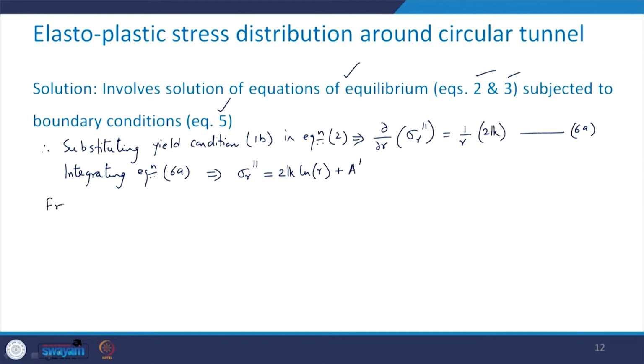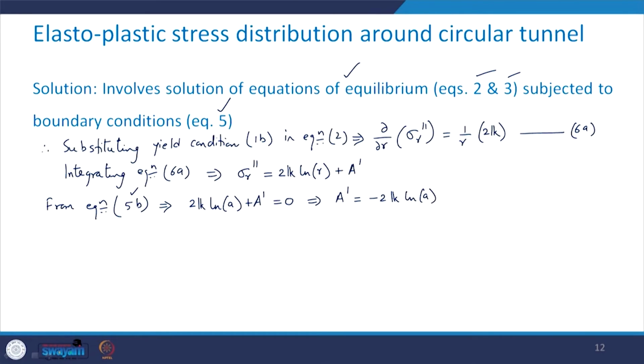Now, from equation number 5b, what is your sigma r double prime at r equal to a? So, we have 2 kappa ln a plus a prime equal to 0, and therefore from here we can determine this a prime as minus 2 kappa ln a.